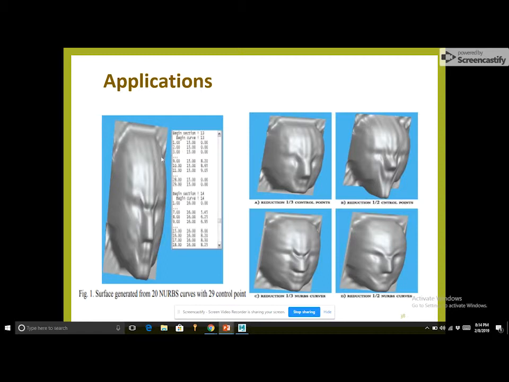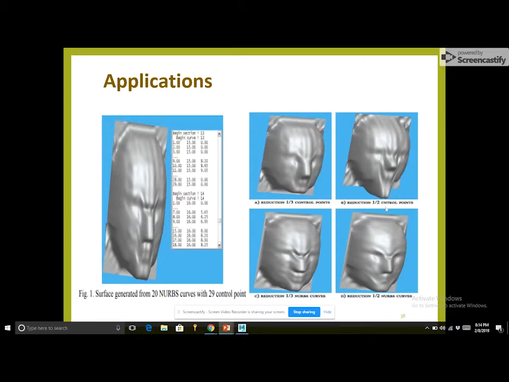What they did is they experimented by altering the control points and NURBS curves, and these are the images which resulted. So in this image, they have reduced the control points by one third. They have kept the 20 NURBS curves as it is, and they have reduced the control points. This is an image of that experiment.